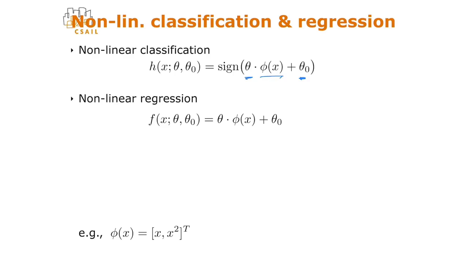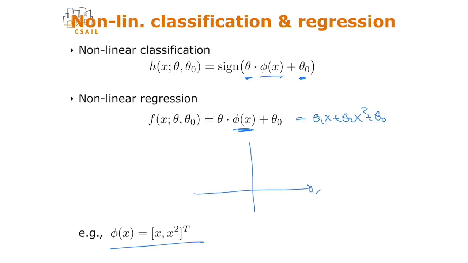We can do the same thing for regression. Here I have a regression function: first map the example into a feature vector, and then do linear regression in the feature coordinates. As a result, let's say phi of x is just a second order expansion, then our regression function would now be a quadratic function.